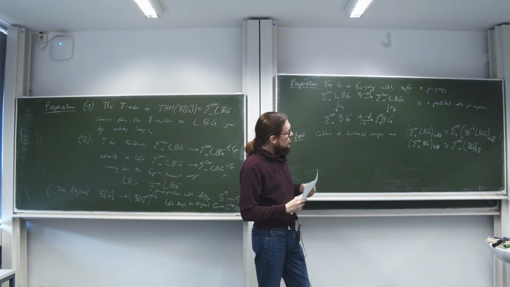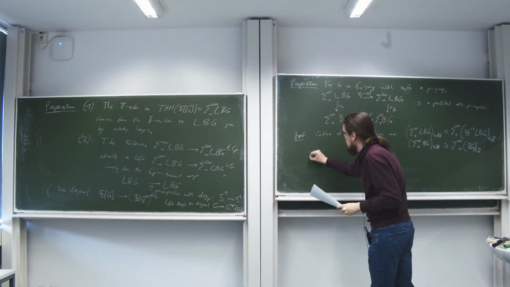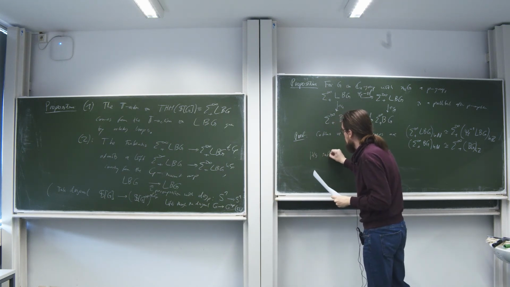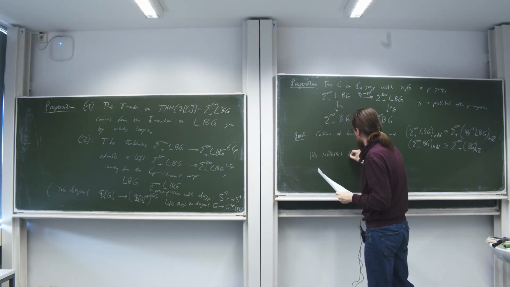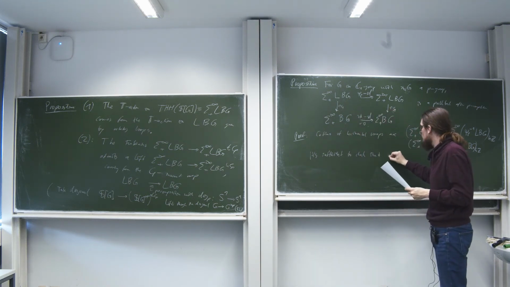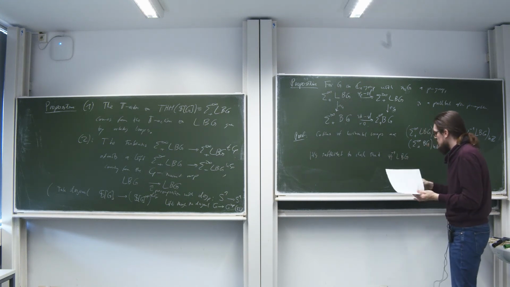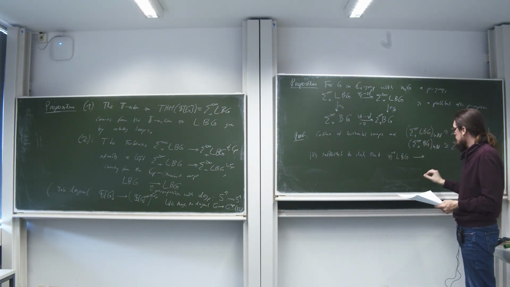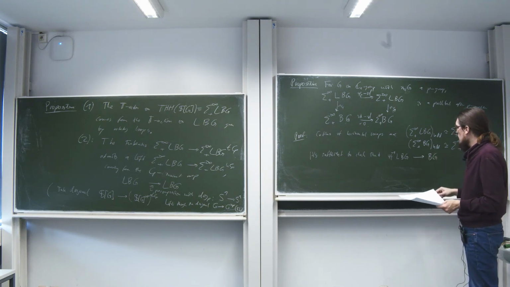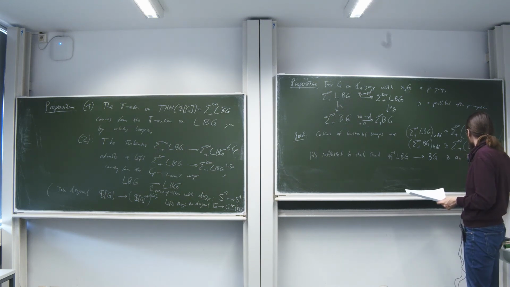Right. So what do we learn from this? Well, we learn that it's sufficient to check that psi p inverted LBG, this telescope thing, maps down to BG, that this is an F_p homology equivalence.